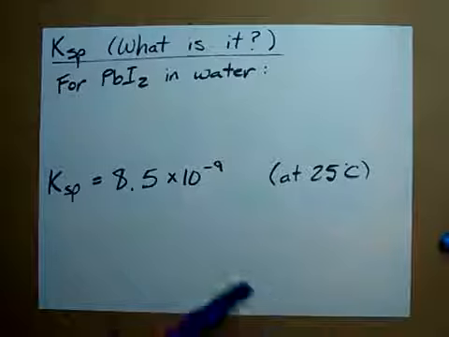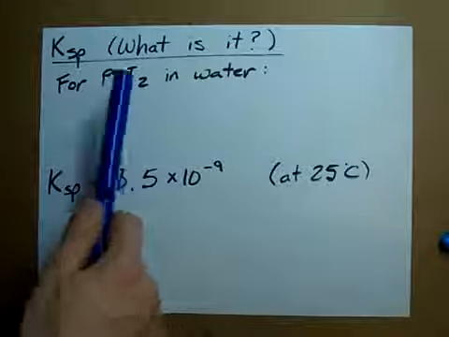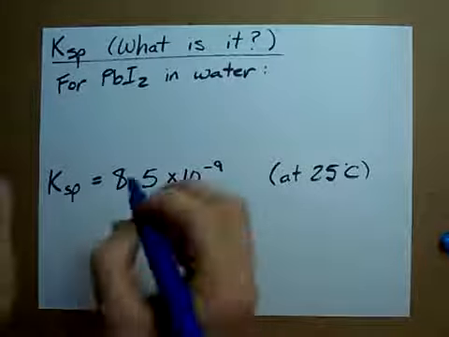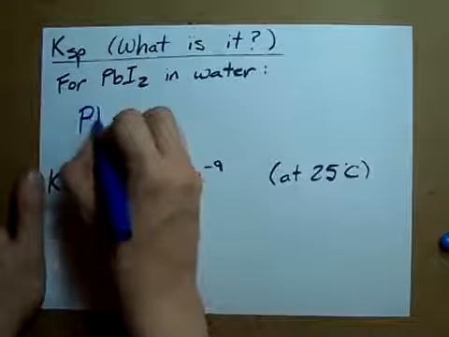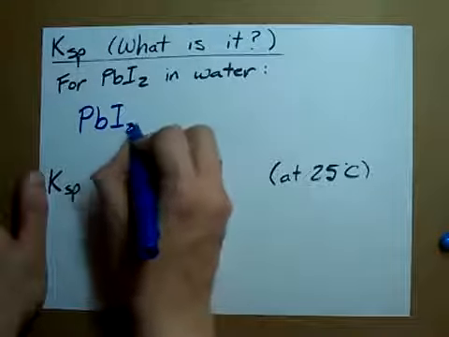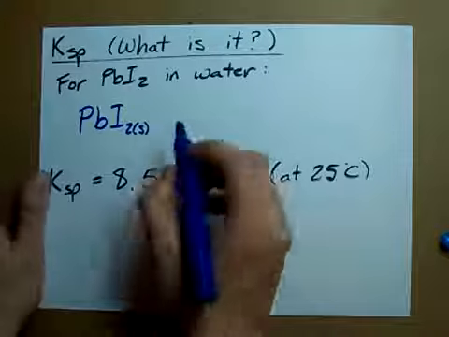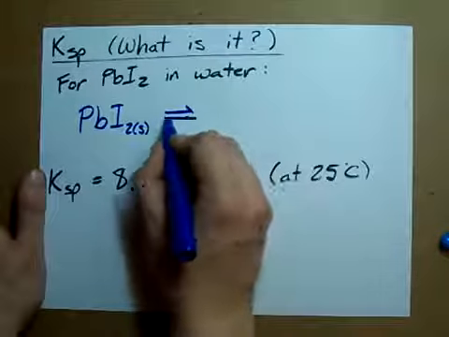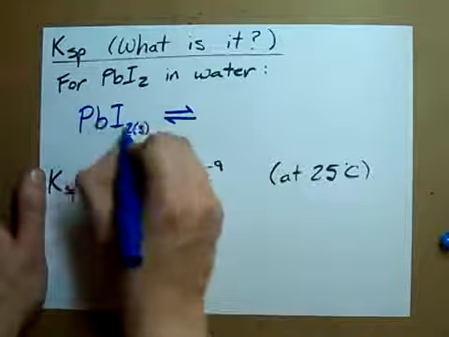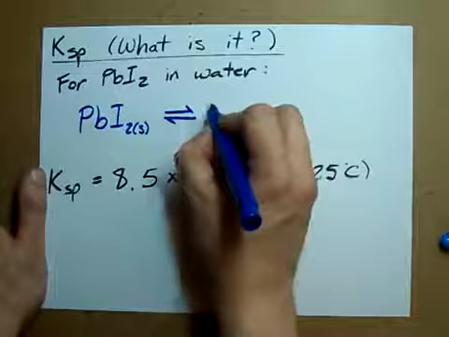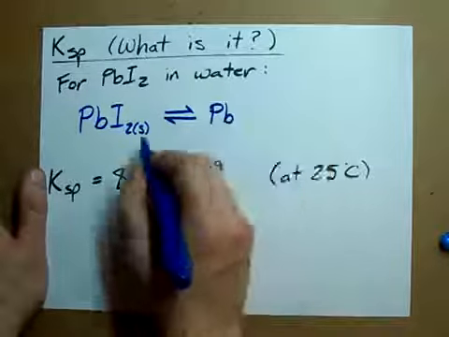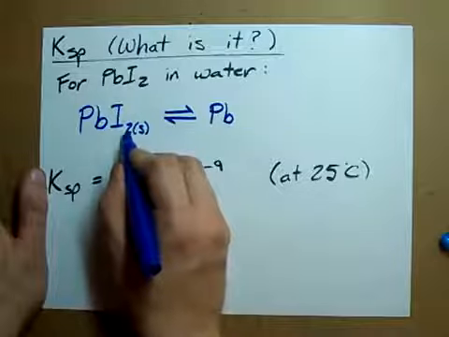What I want to point out is that when you're dissolving PbI2 solid in water, what's actually happening? You're taking that solid PbI2 and it's dissolving into its ions. You're going to get a lead ion, and the charge on it was +2.